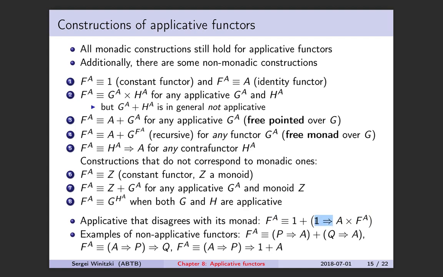If you delete this function from unit to that, then you would have a definition of a list. It's a recursive definition of the list functor. Adding this function arrow means that elements of the list are not yet computed necessarily.